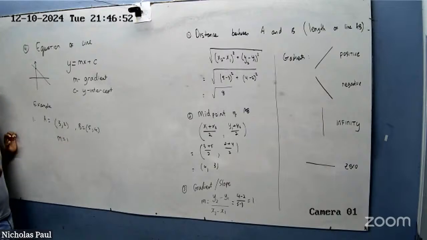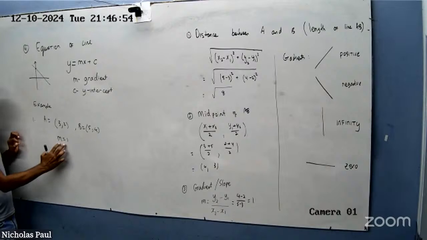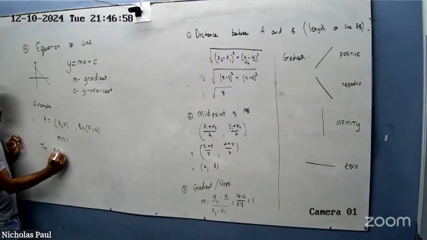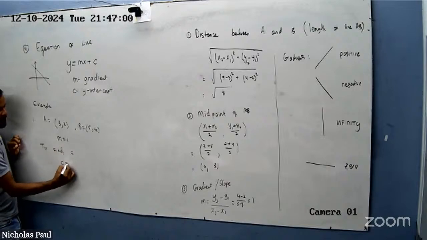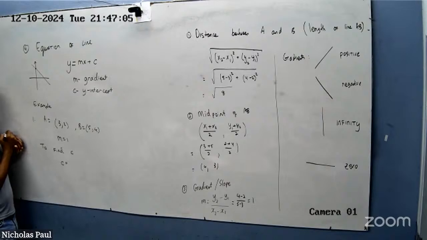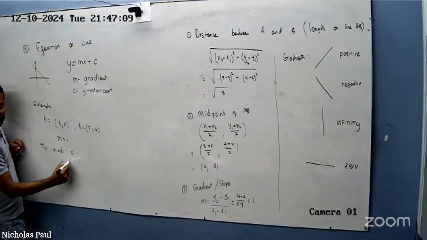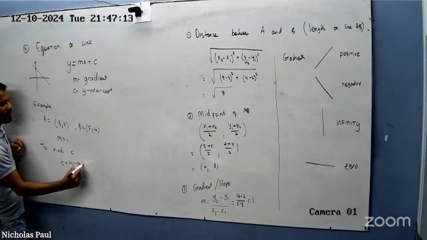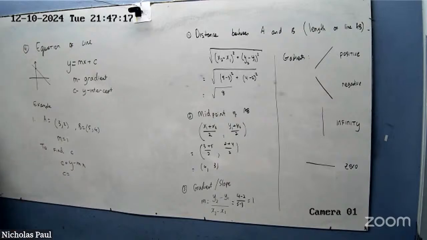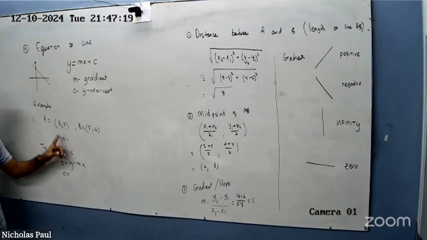How will we get the y-intercept? Really easy. We make c the subject: c is equal to y minus mx. To get c, all we need is the gradient and any point you want.